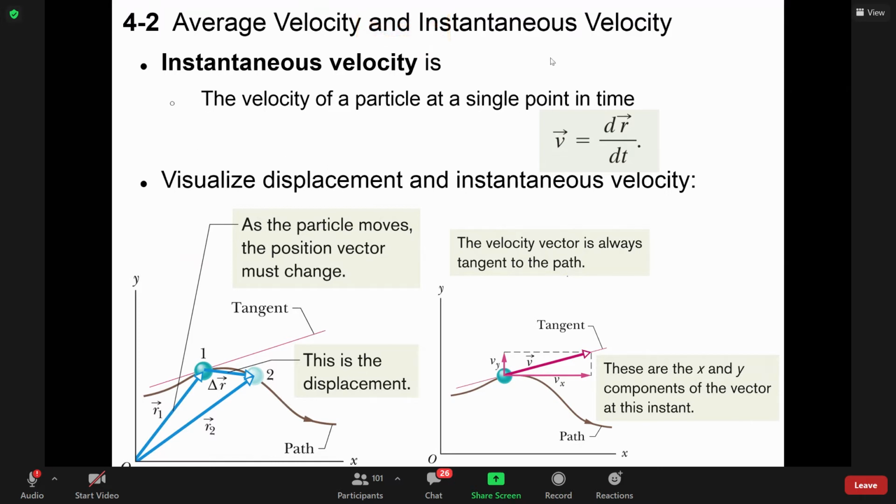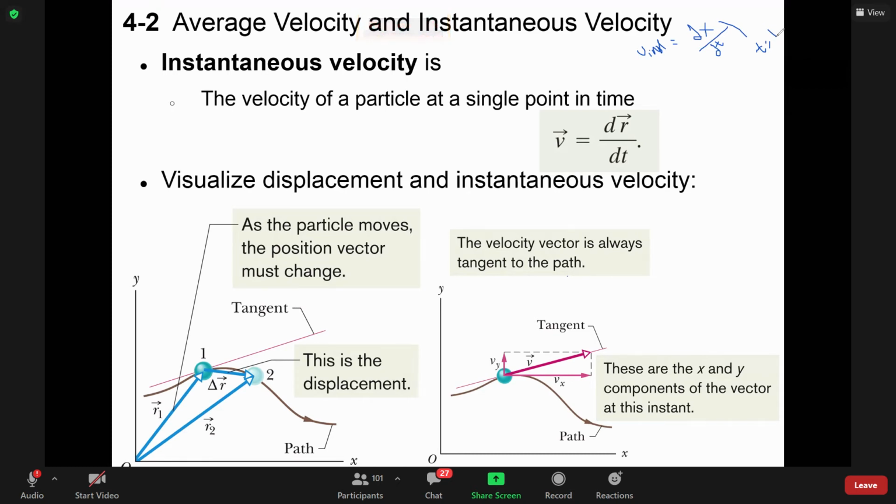Remember, in 1 dimension, V instantaneous was dx/dt, the first derivative relative to time. Then after you derive, you substitute the time. For example, if I want the instantaneous velocity at 1 second, after you derive, you substitute 1 second.